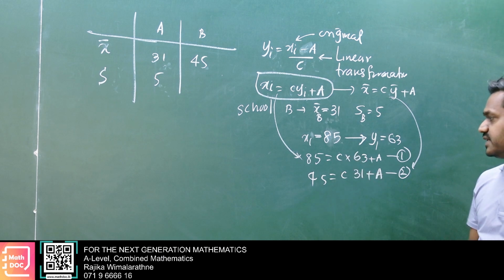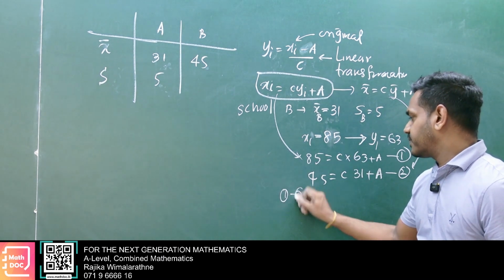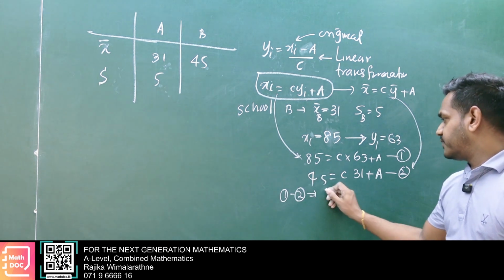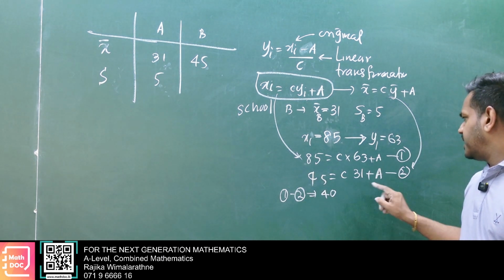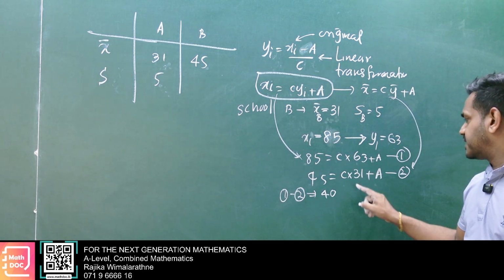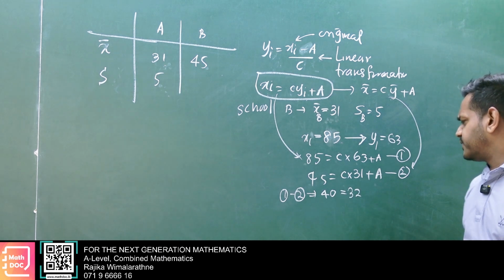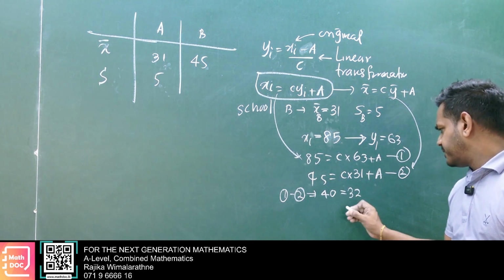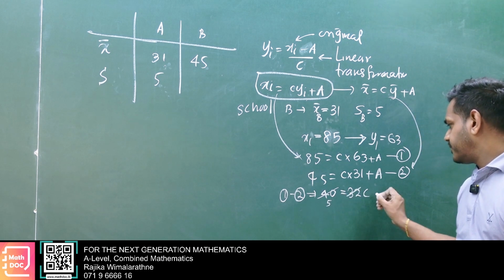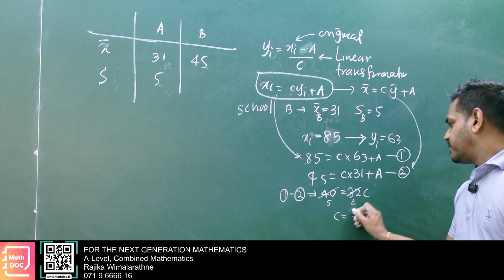Now we have two simultaneous equations. Then equation 1 minus equation 2. Simplify. Then 85 minus 45 is 40, a cancels, and c times (63 minus 31), which is 32. Then divide by 8. c equals 5 over 4.